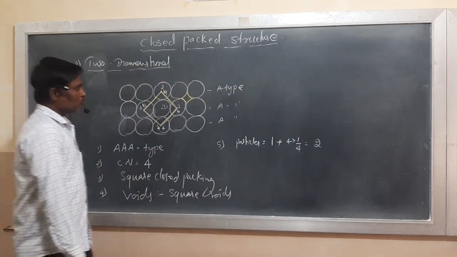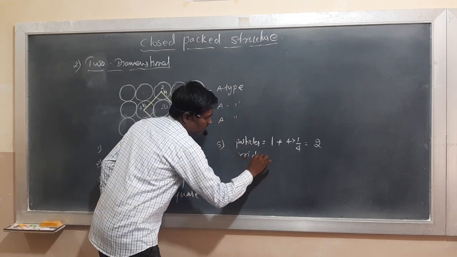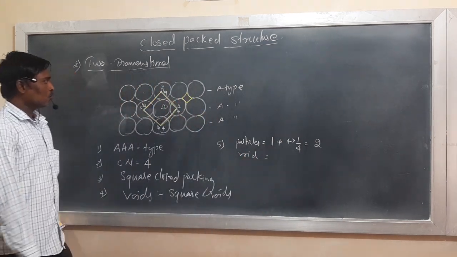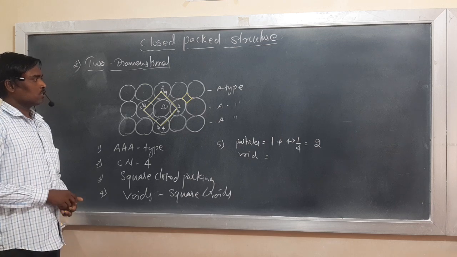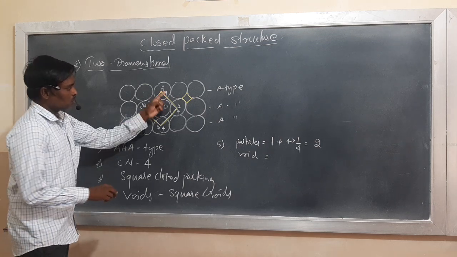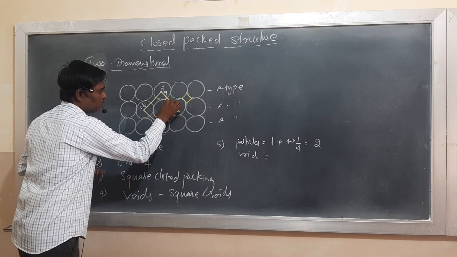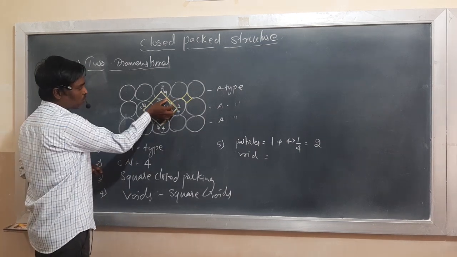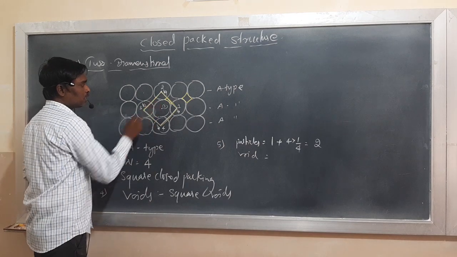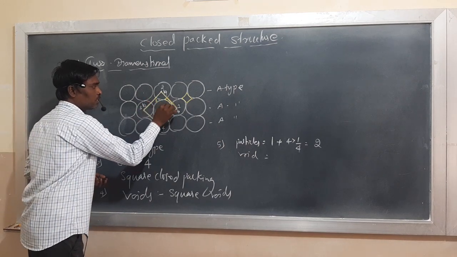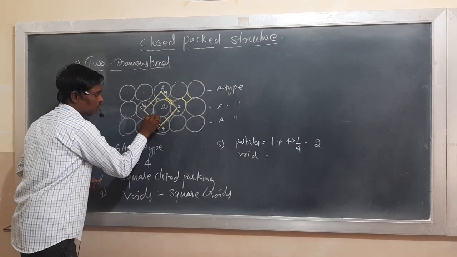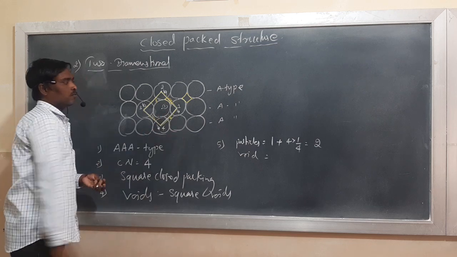Now count the voids. Void is empty space. So how many square voids are present in this square? Here, this is one square void. Half of this square void is present in this square, and here half of this square void, and here half of this one, and here half of this one.